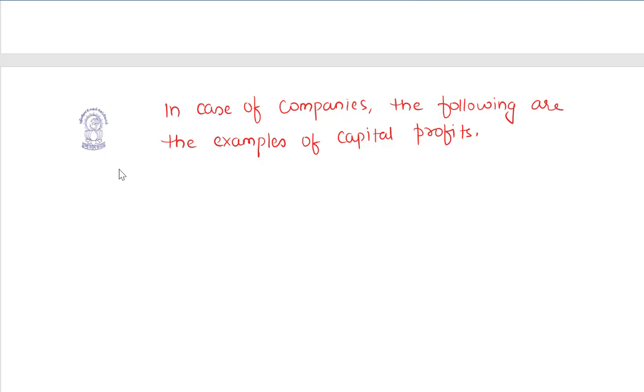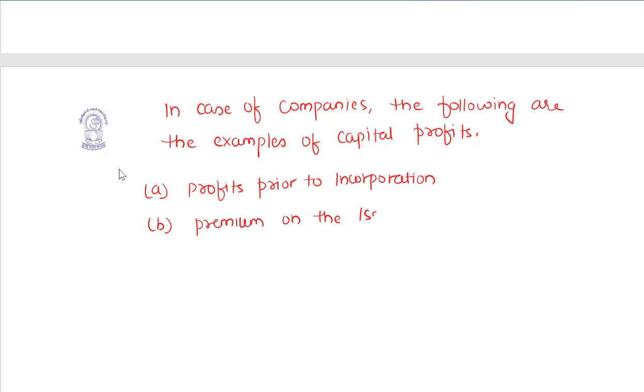A. Profits prior to incorporation. B. Premium on the issue of shares and debentures.